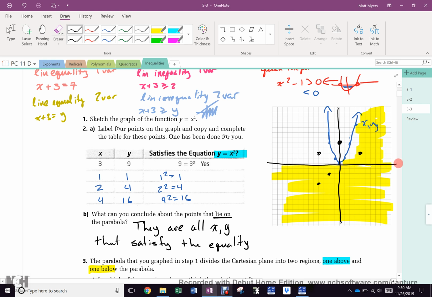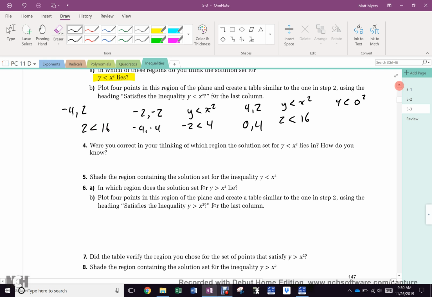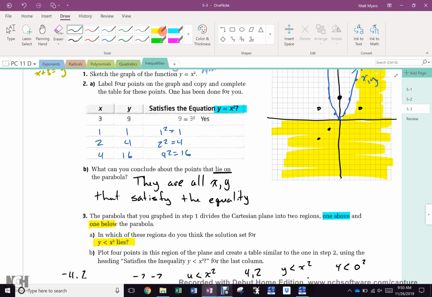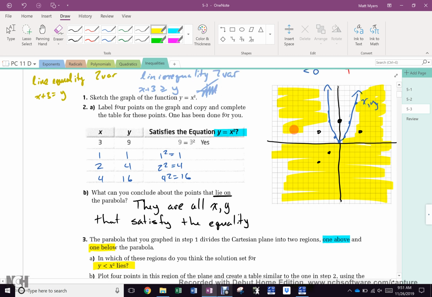Does that one work? Negative 4, positive 2. 2 is less than 16. Is that true? So we now know that all of this is okay, and we know that this isn't. So that is the above and below.